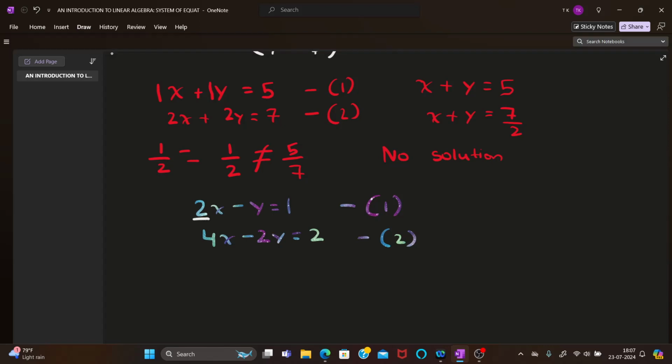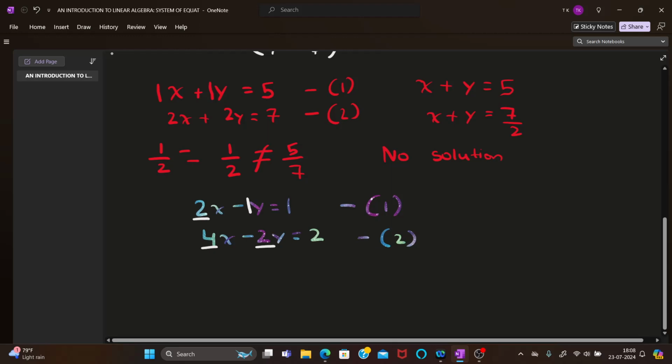So this is A1, this is A2. This would be B1, which is negative 1, B2, C1, and C2. So A1 over A2 would be 2 over 4, which is 1 half. B1 over B2 is negative 1 over negative 2, which is also 1 half. C1 over C2 would be 1 over 2 again.